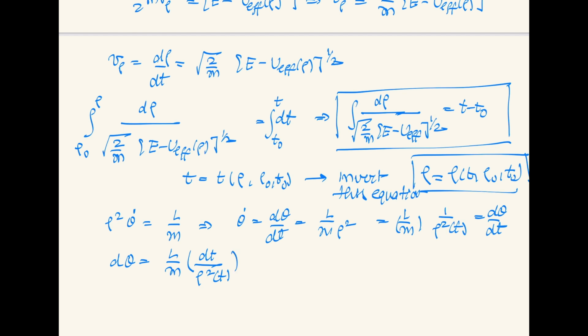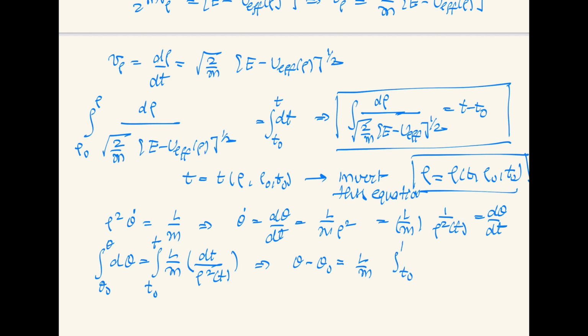And now we integrate again. So I'm going to find the integral of d theta and the integral of this, and I have to put the appropriate limits. What are those limits? I go from t0 to t and I go from theta 0 to theta. So therefore I'm going to find that theta minus theta 0 is equal to L by m, and then what do I get?